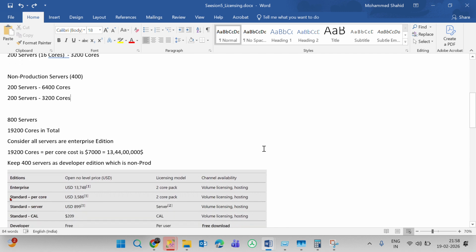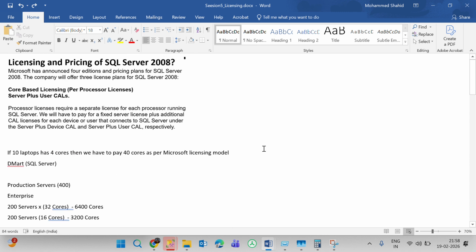Also, in enterprise edition we can configure as many cores in SQL Server as the OS maximum has, and there is no limit on memory capping. In standard edition we are limited to 24 cores and 128 GB of RAM.